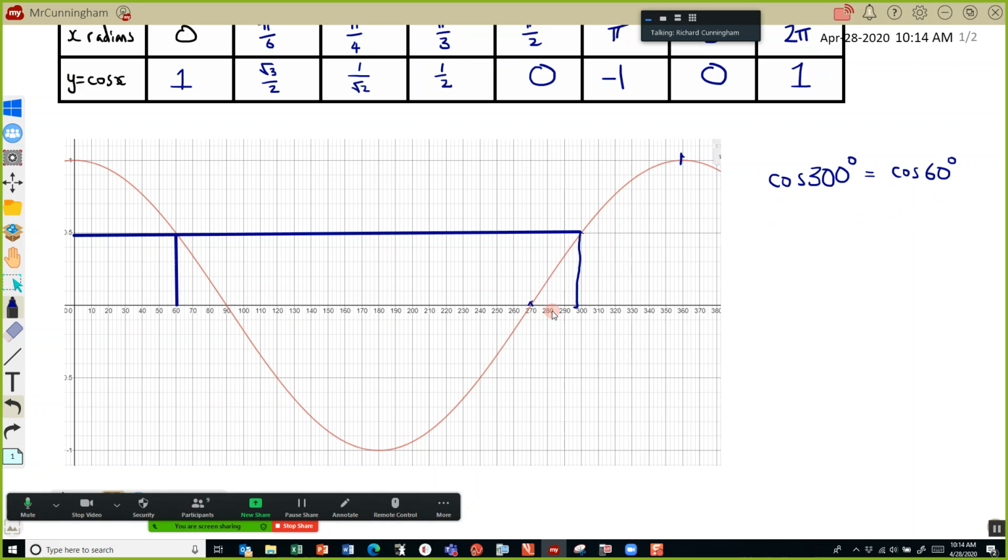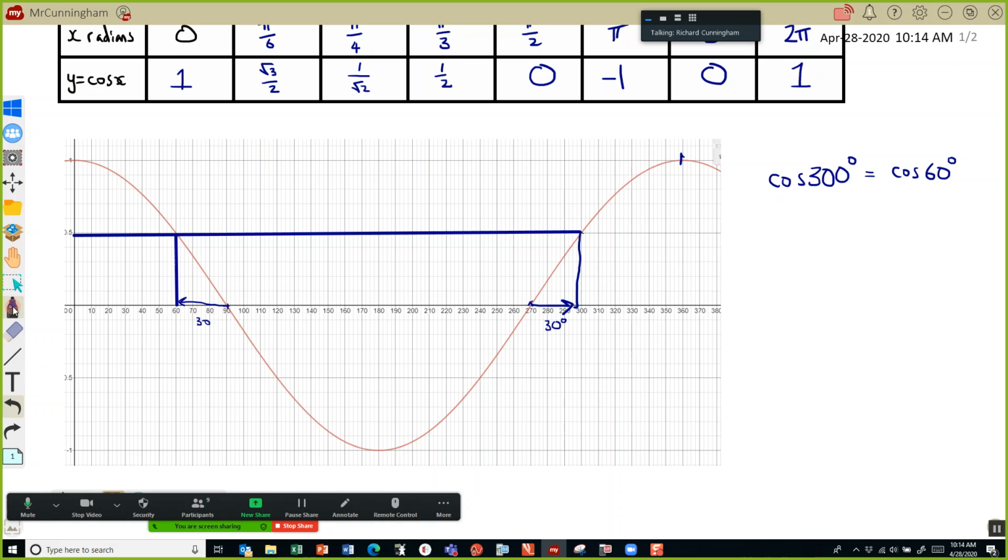Okay, and I can see that as well because of the shape of my curve. How many degrees in this direction have I gone from 270 to 300? I've gone 30. And if I go, this is the symmetrical part, if I go back 30 degrees from 90, it takes me to 60.